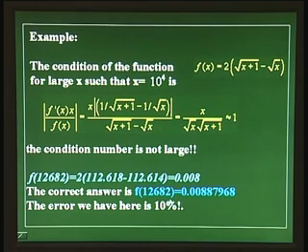So, the best way to compute this is not evaluating it as root of x plus 1 minus root x, because even though the condition is good, you have a large error. This is a counter example. You say the condition is close to 1, so it is not too much larger than 1, so it is okay. That is what we would think normally, but here is a case where that is actually not very much true.